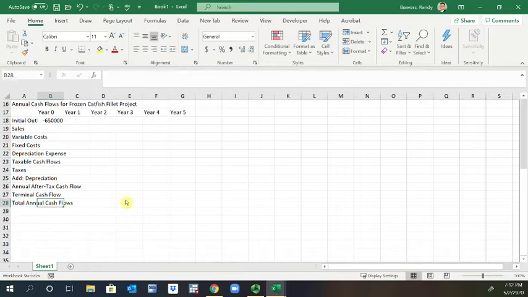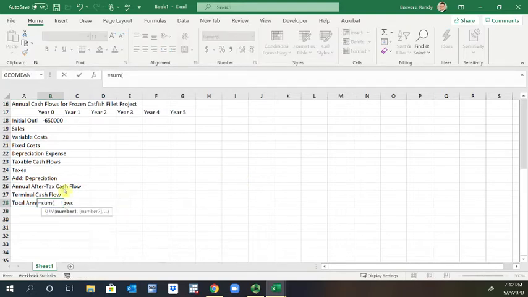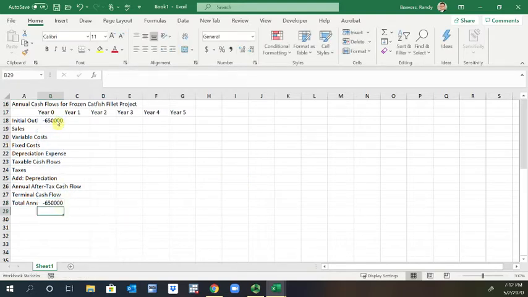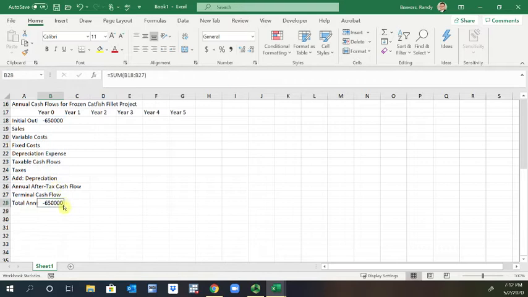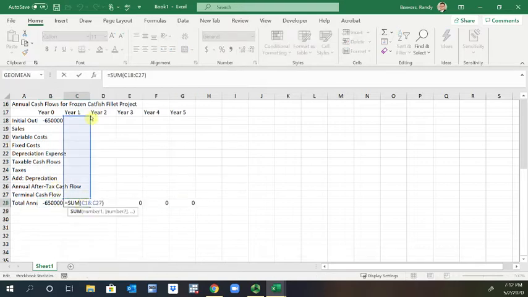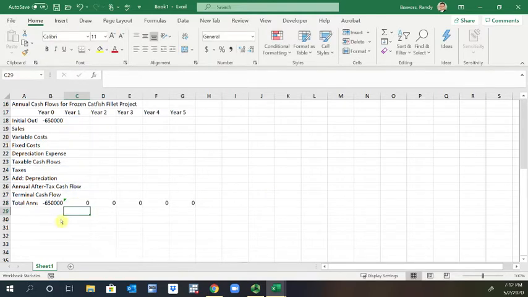So we can go ahead and do this formula. It'll be equal to the sum of all of these. Or actually, in that particular case, it will be equal to that one. And then the others will modify accordingly. So for this it will be equal to the annual after tax and then the terminal.